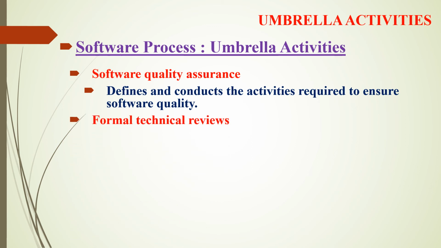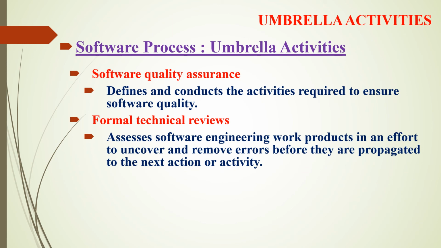Number four, formal technical reviews. These reviews should be conducted in order to assess software engineering work products in an effort to uncover and remove errors before they are propagated to the next action or activity. So technical reviews must be conducted after each and every process.